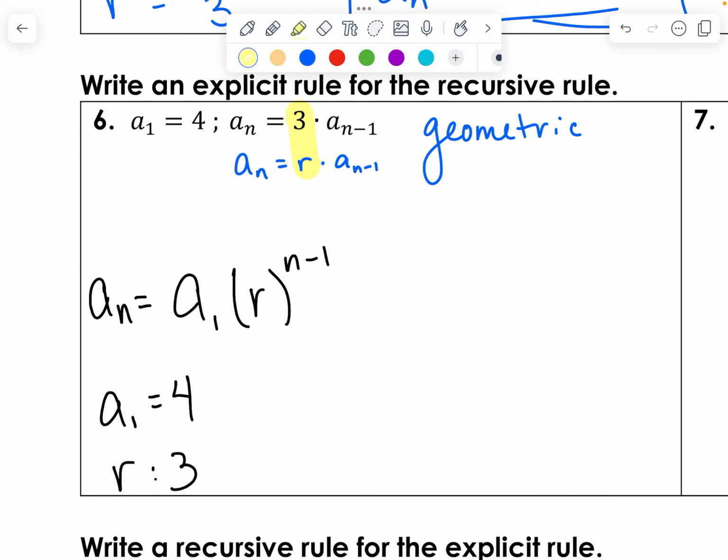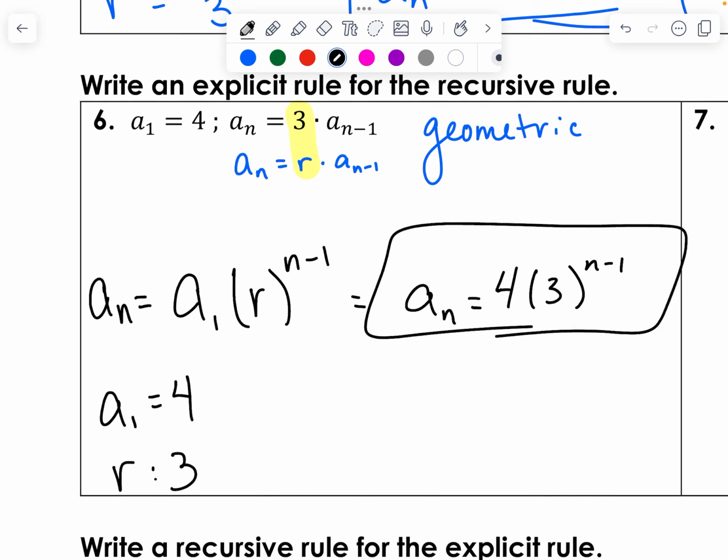So all I have to do is substitute in a sub 1 where I see a sub 1, and rate where I see rate. So my final answer here would be a sub n equals my first term times my rate to the n minus 1 power. And that's it. You don't have to solve anything. We just need to write that rule.